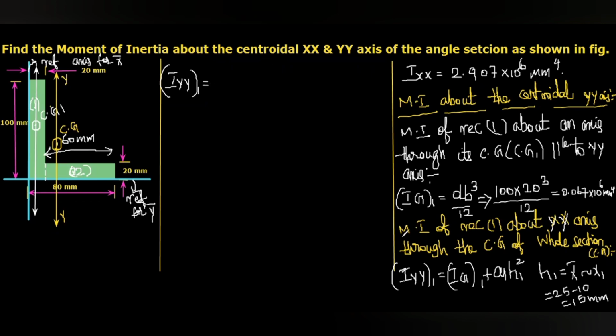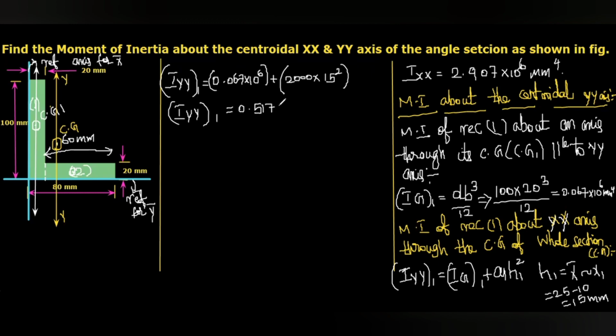That is equal to IG1, which is 0.067 multiplied with 10 power 6, plus A1 that we calculated, 2000, multiplied with H1, that is 15 square. When you simplify, we will get IYY1 equal to 0.517 multiplied with 10 power 6 mm power 4.